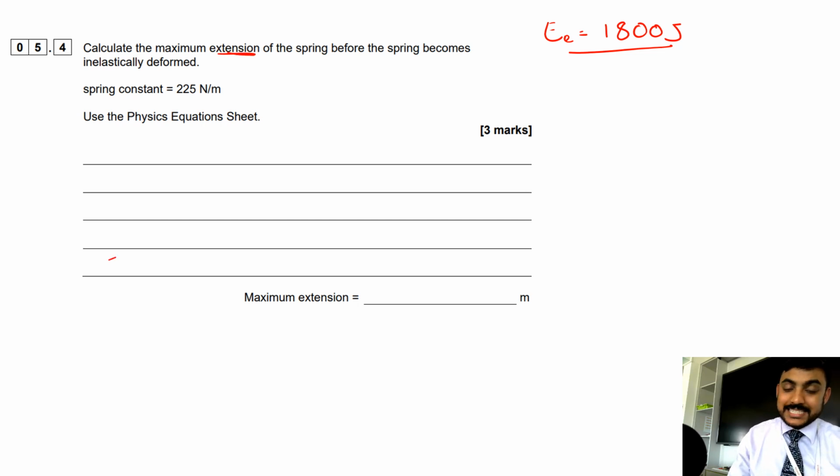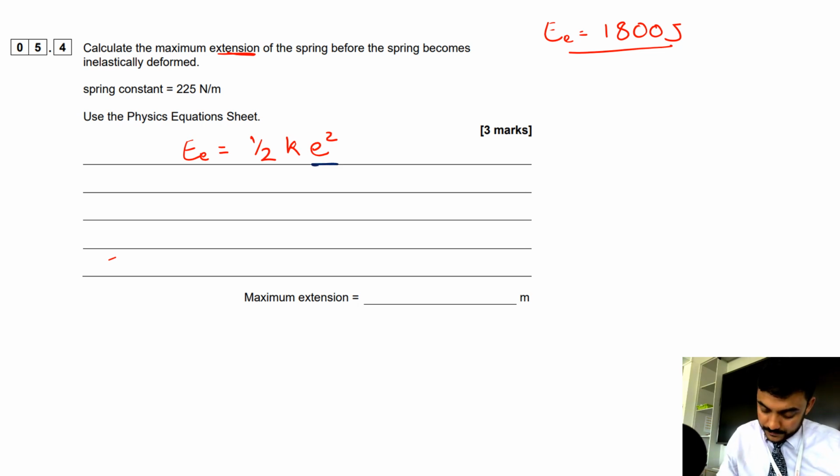The equation that links energy stored in a spring and the extension is E equals half k e squared, where the little e is the extension. And I'm going to underline this little e because that's what we're trying to find.